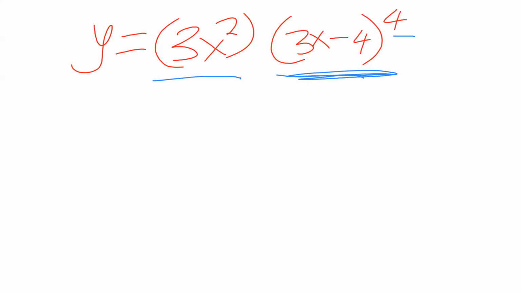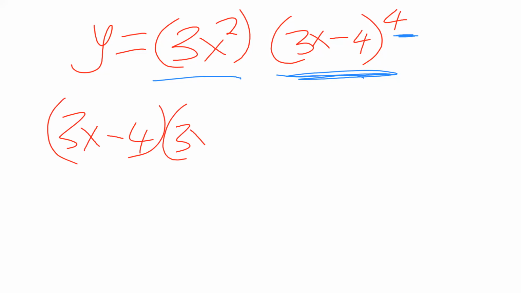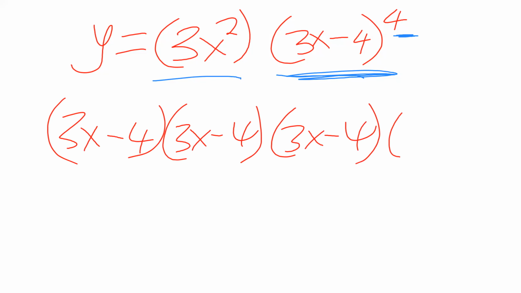This one is raised to the power 4, this one is just raised to the power 1. It cannot be easy to multiply this, because the one raised to the power 4 means it is multiplying itself 4 times: 3x minus 4 times 3x minus 4 times 3x minus 4 times 3x minus 4.